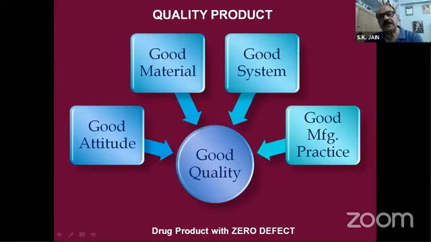So from input to output, both should be according to good manufacturing practices. And at the same time, where the product is coming from and where it is going, you have to apply good manufacturing practices.